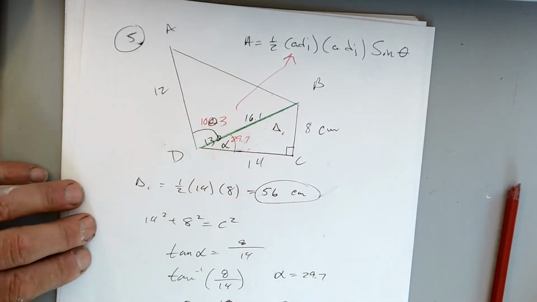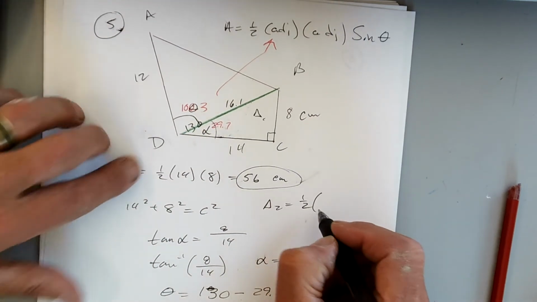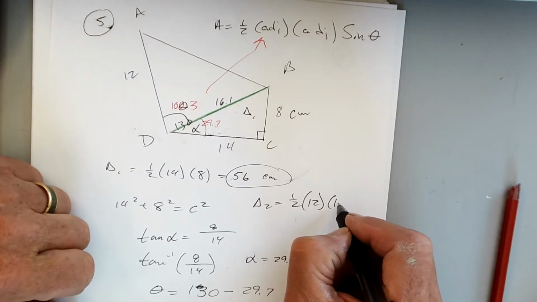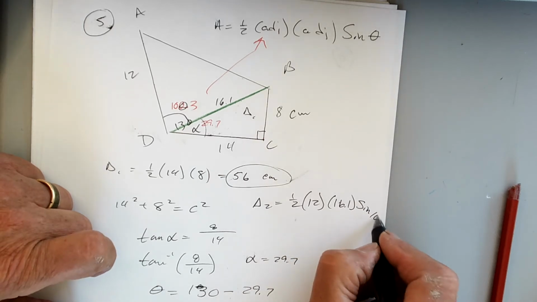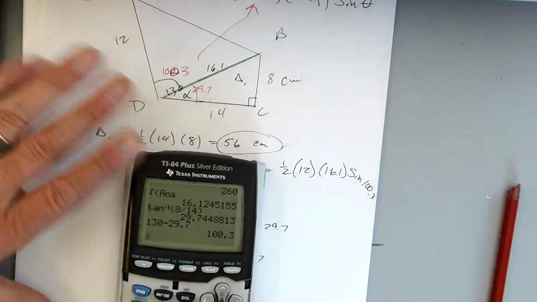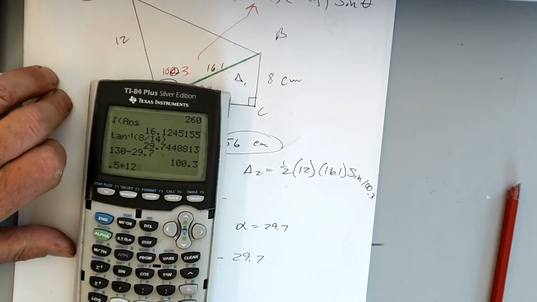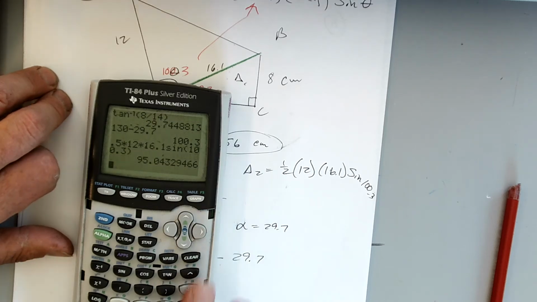So if I find triangle 2, area is going to be 1/2 adjacent, 12, the other adjacent, 16.1, and sine of the 100.3. Kind of squeezed in there. Sorry, you guys. I should have made more room. 0.5 times 12 times 16.1 times the sine of 100.3, and I get an answer of about 95.